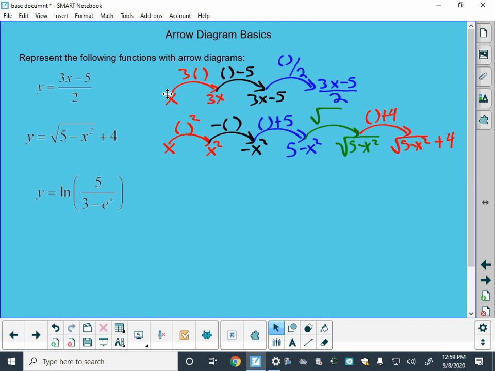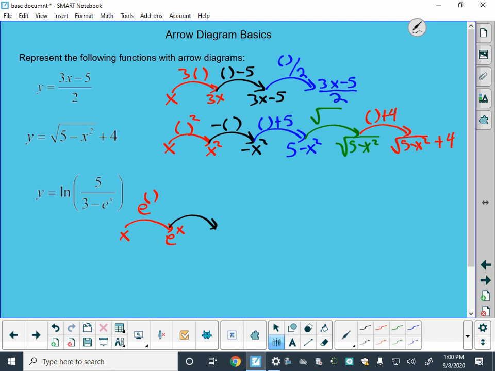And then finally, for our last one, we're going to throw a couple of complications in here. Start here a little bit lower with the x. And the first thing that happens there is it gets put into the exponent of e. So we write what we have there. We've got e to the x. And then just like on the last problem, I need a sign change in front of that.